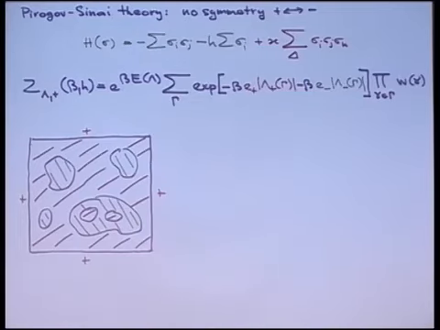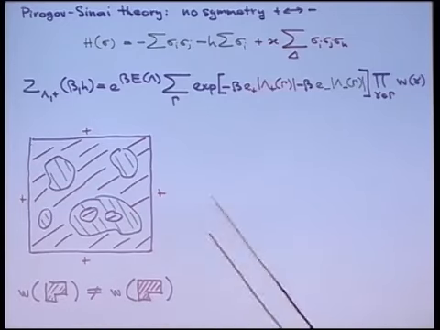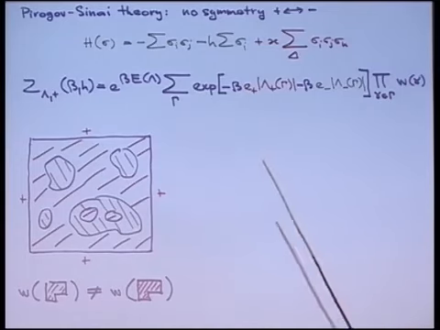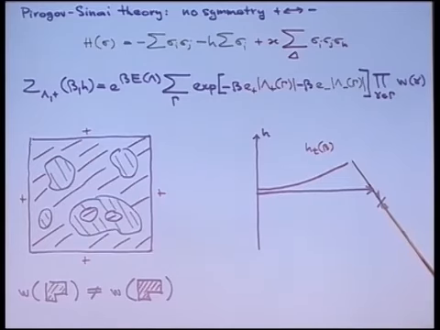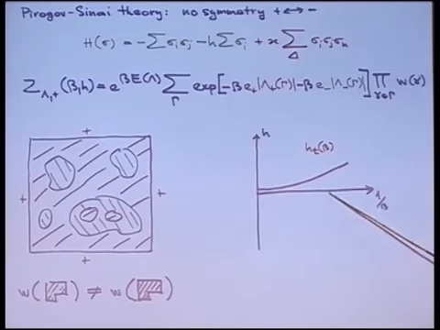And in addition, the weight of such a contour and such a contour can be different here. And we do not know where the transition happens. In the Ising model, the transition line was simply h equals 0.